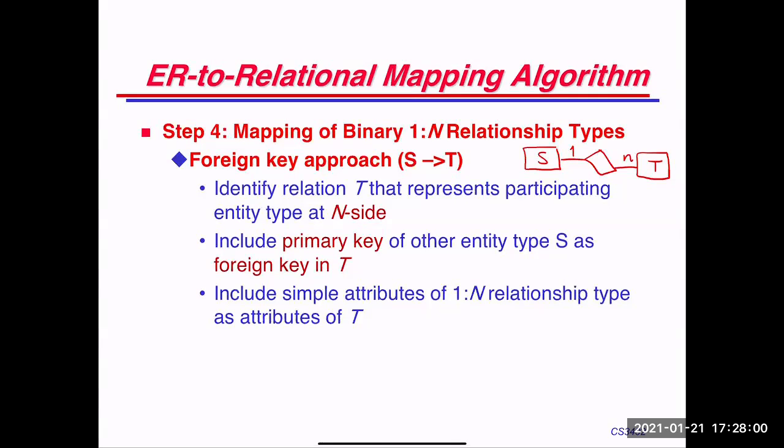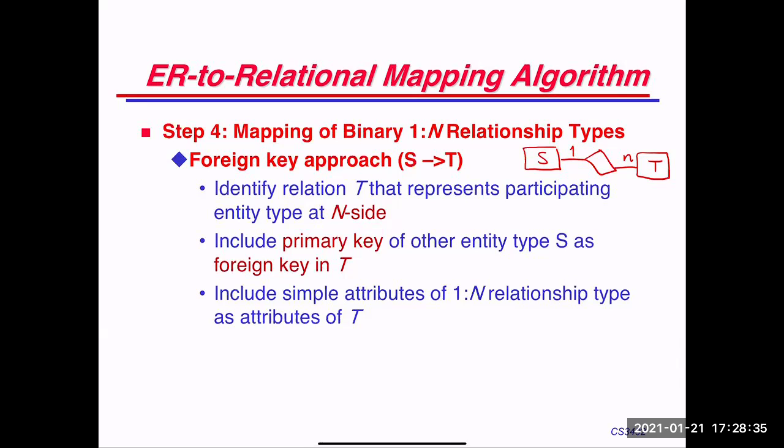So I'm going to identify this entity here that is on the n side, and then I'm going to include the primary key of the other entity type, namely S, as a foreign key in T. Intuitively this makes sense because each entity of type T will be in this relationship with at most one entity of type S. So you either have a foreign key or you have a null value in that corresponding key.